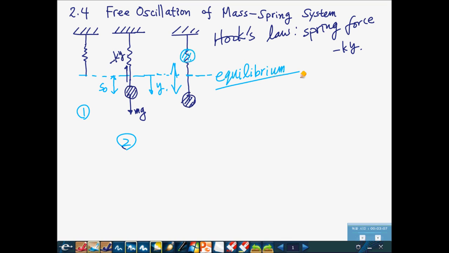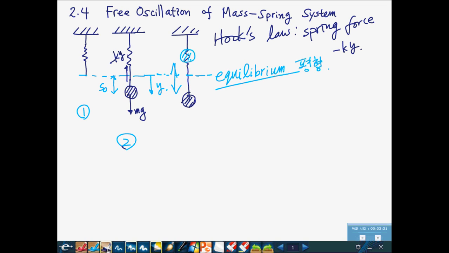Equilibrium is 평형, okay? The force is balanced so that they cancel each other. All right? So this mass is up and down. That's a sinusoidal or cosine function movement, okay? So we need to make a mathematical analysis on that.